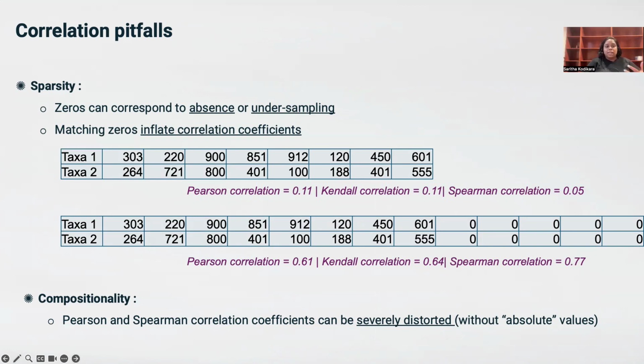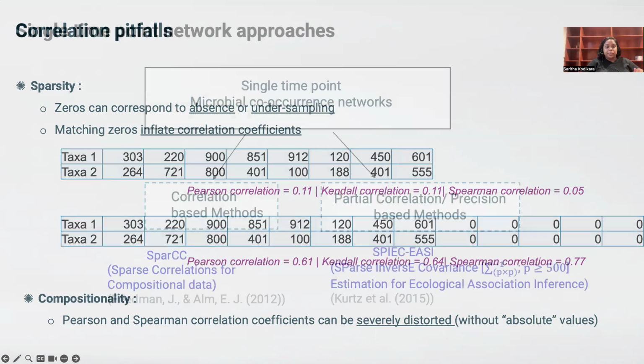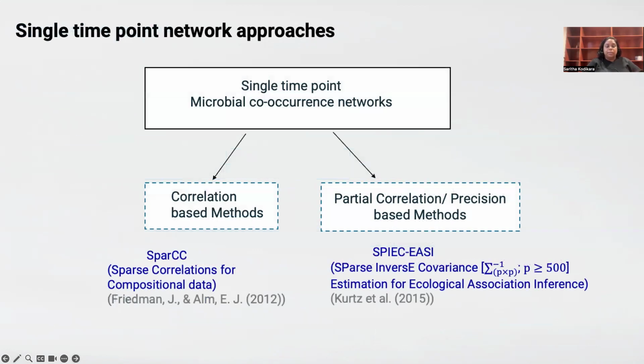The first thing is to look at what people have done in single time point analysis. People have developed several microbial inference methods for single time point data. There are two branches when you look at these network approaches. One looks at correlation-based methods, another at partial correlation or precision-based methods.